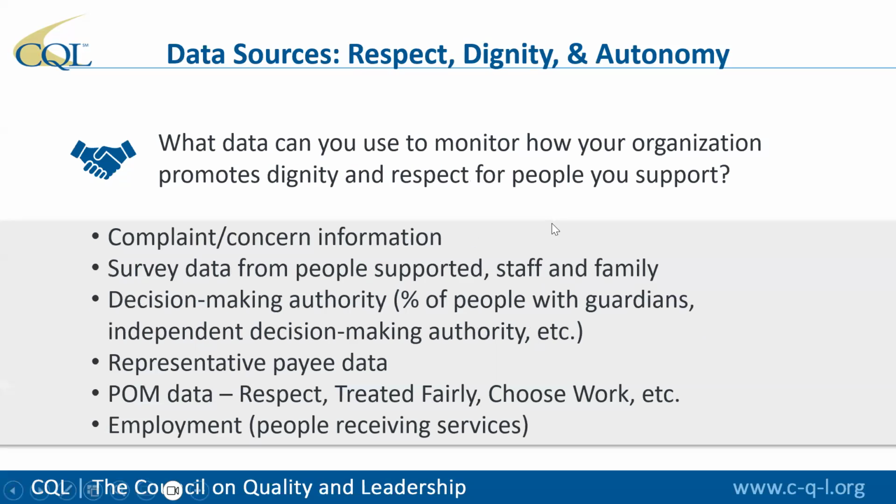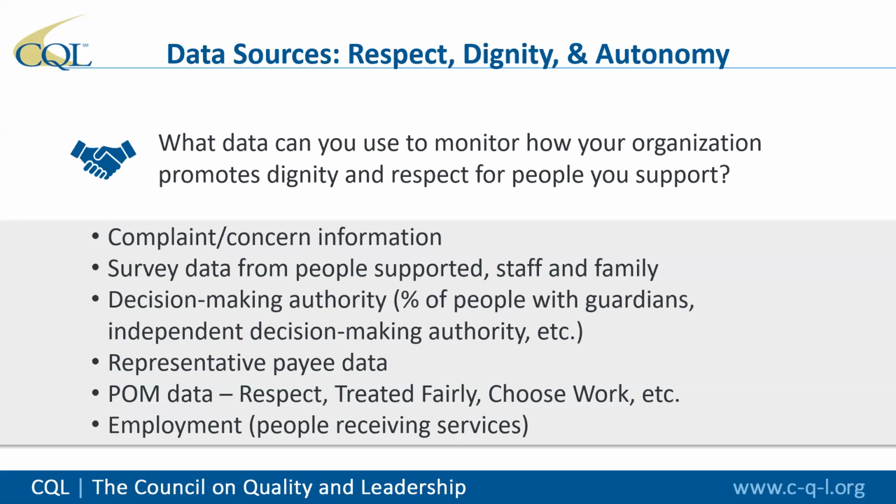When it comes to respect, dignity, and autonomy, all kinds of information around complaints and concerns, survey data, if you do any kind of surveys with people you support, your staff or families. You can look at the types of decision-making authority of the people you support, representative payee information, of course, POM data, and then employment.